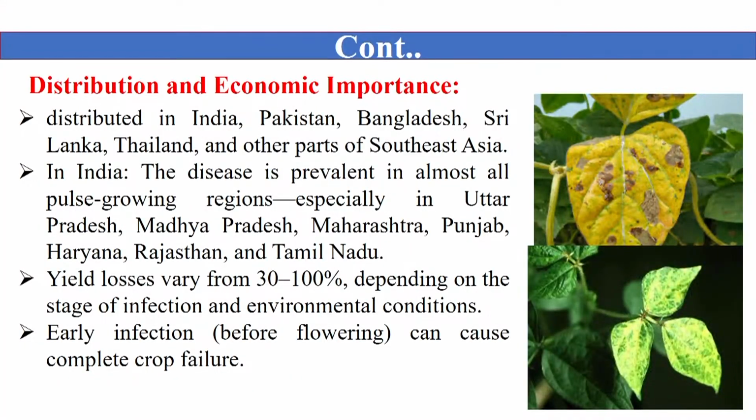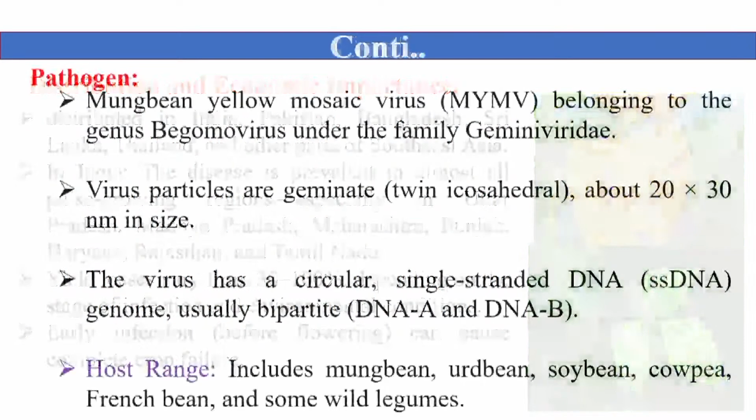And in India, many states are affected by this disease, like Madhya Pradesh, Uttar Pradesh, Maharashtra, Punjab, Haryana, Rajasthan, Tamil Nadu and other places where the crop is cultivated continuously. Yield loss is very high, 10 to 100%, depending on the stage of infection and the environmental conditions.